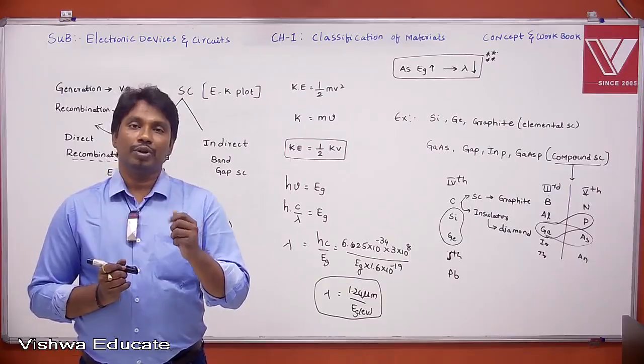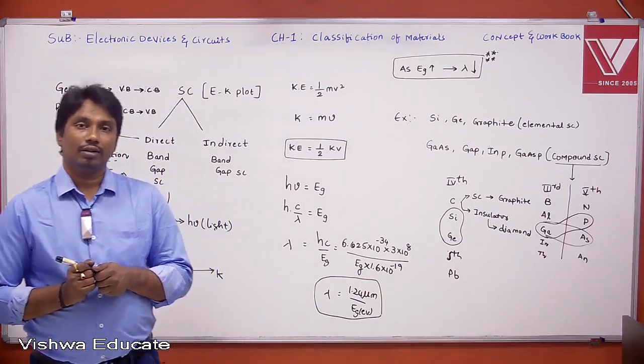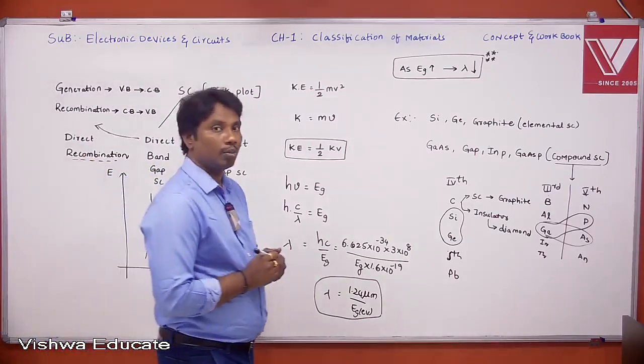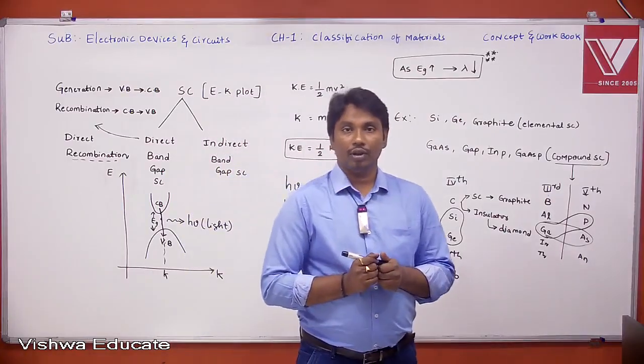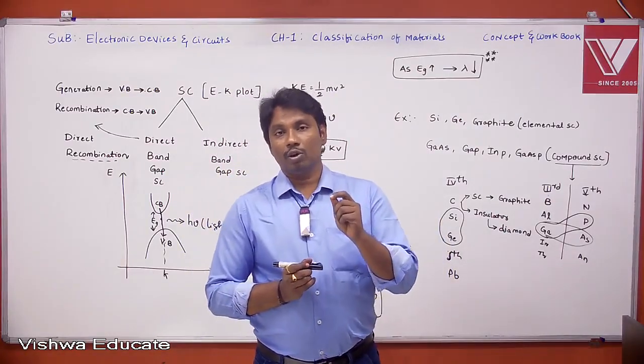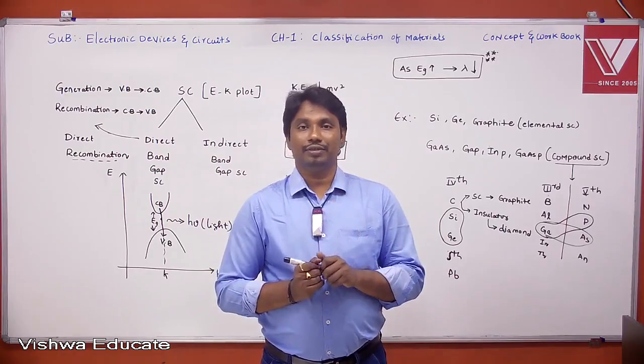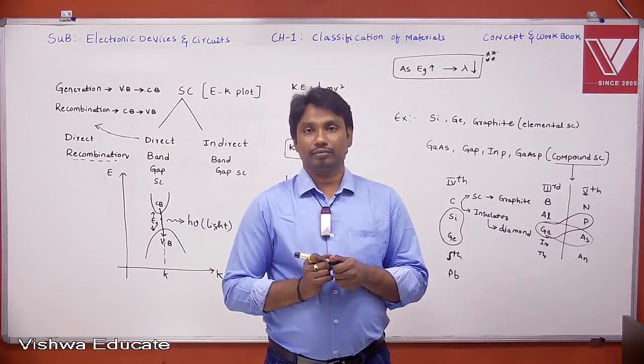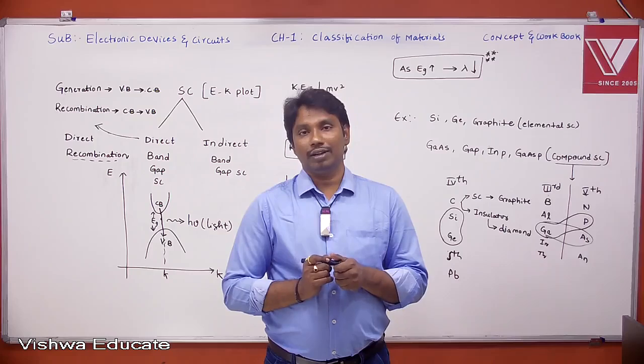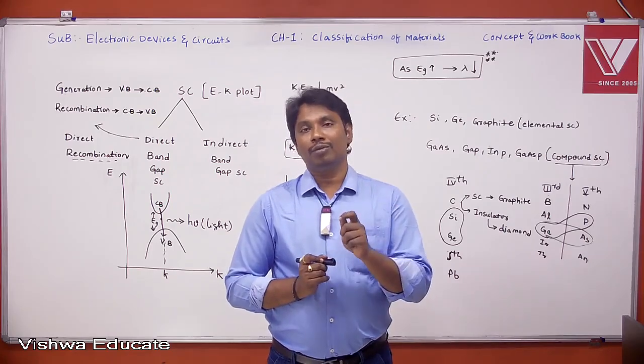During direct recombination, the electron releases the energy in the form of light.